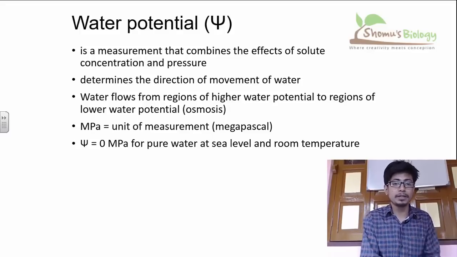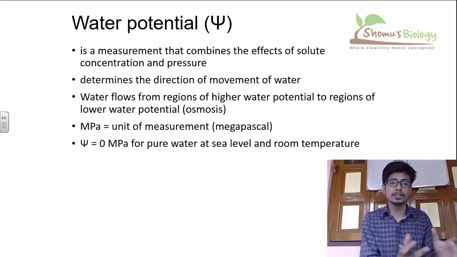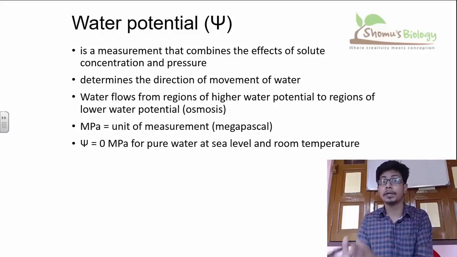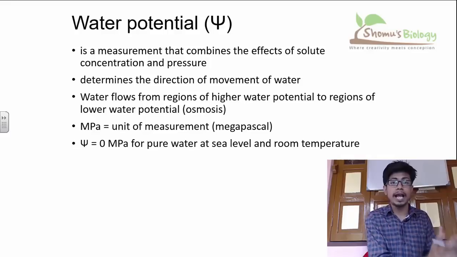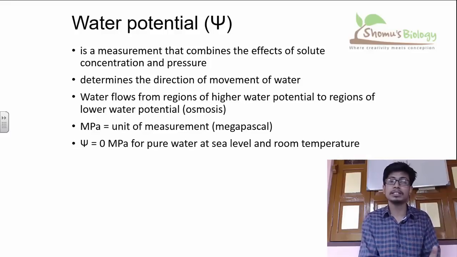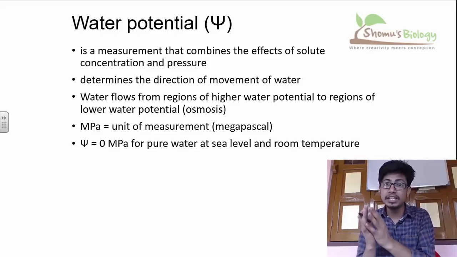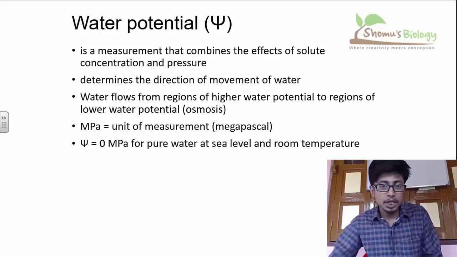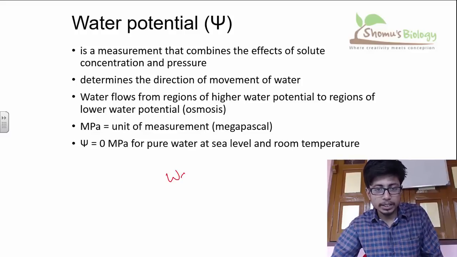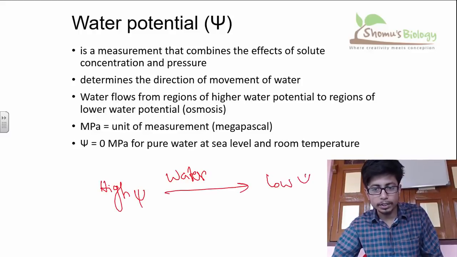Water potential is a measurement that combines the effect of solute concentration and pressure. The concentration of the solute and the pressure is measured, the solute in this case being the water, and it determines the direction of movement of the water. So water always tends to move from high water potential to low water potential.